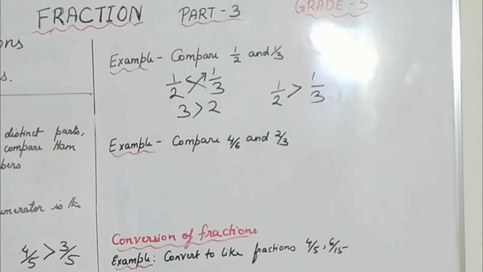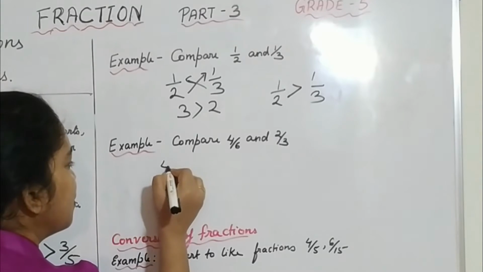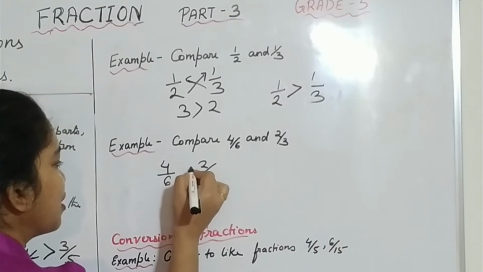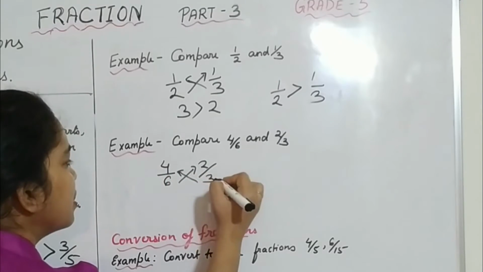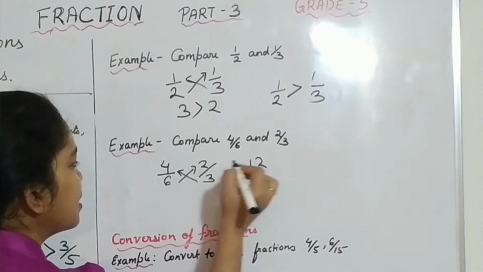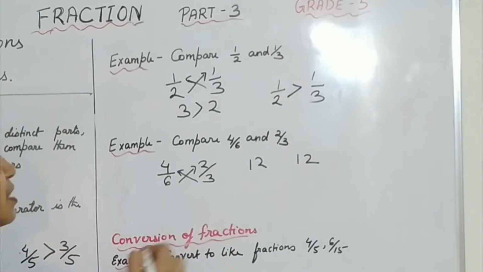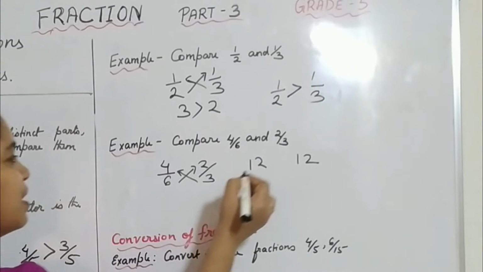Now you have to compare 4 by 6 and 2 by 3. Same cross multiplication you have to do. 3 4s are 12, 6 2s are also 12. So this is equal. So it is called an equivalent fraction.